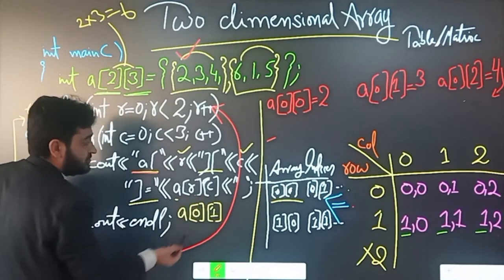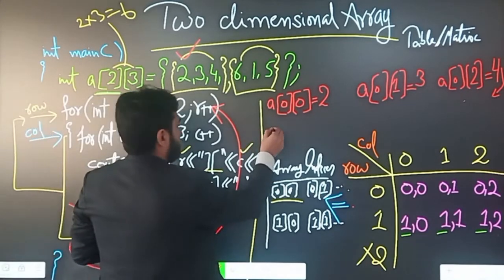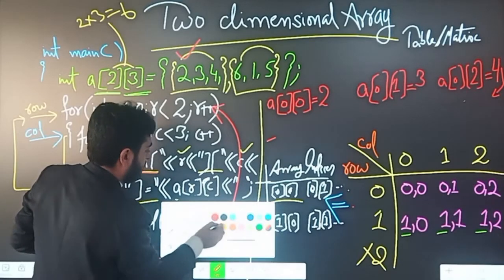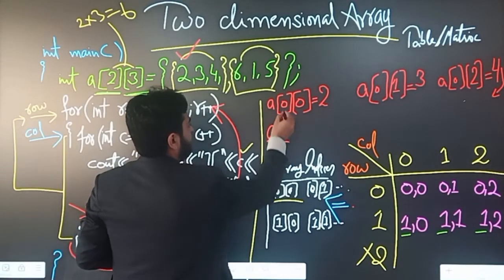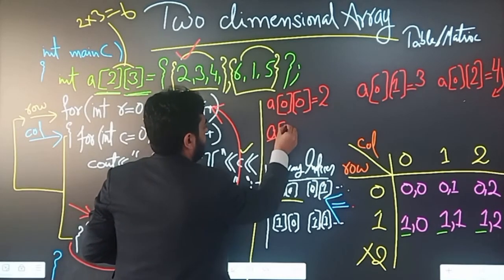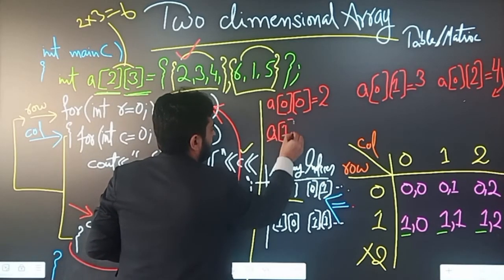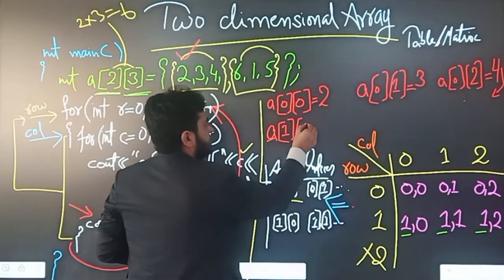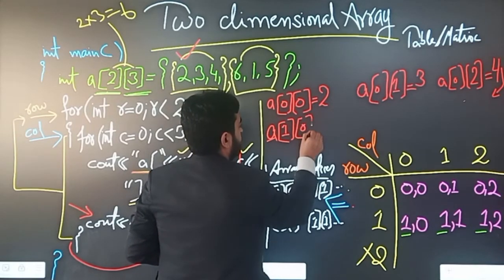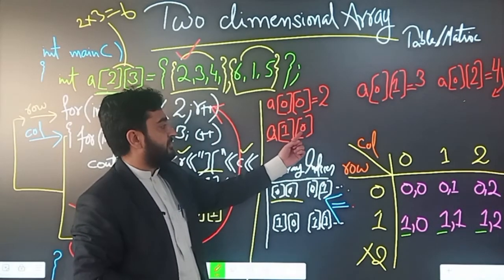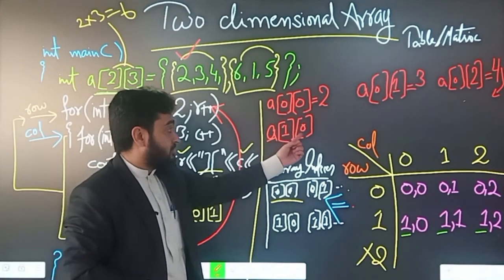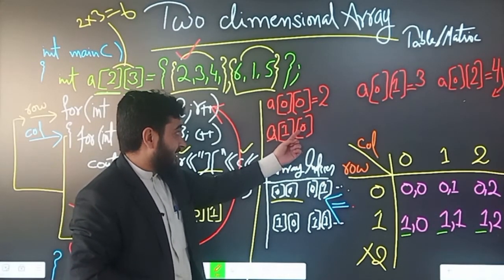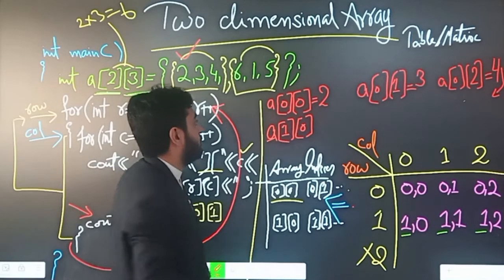So 1 and 0, okay. So in very similar way on the screen, we will see A as it is with square bracket, and we will see the value of R has been updated to 1 and value of C is equal to 0, because this is in the first iteration and 1 is in the second iteration of the outer loop. 0 is in the first iteration of the inner loop, okay.